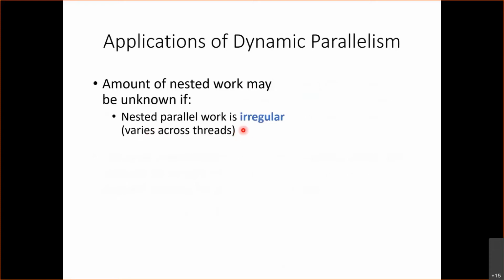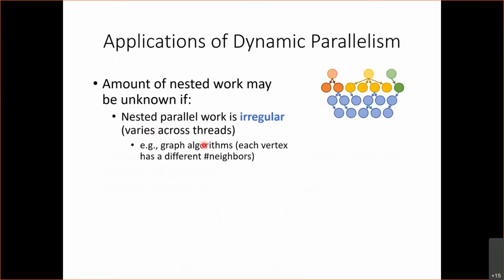An example of this could be a graph algorithm. Maybe I have a vertex-centric graph algorithm where I have a thread that's doing something for each vertex, and maybe these threads want to visit their neighbors, and maybe some of them want to visit the neighbors in parallel.